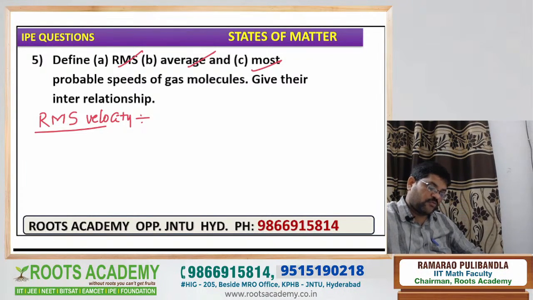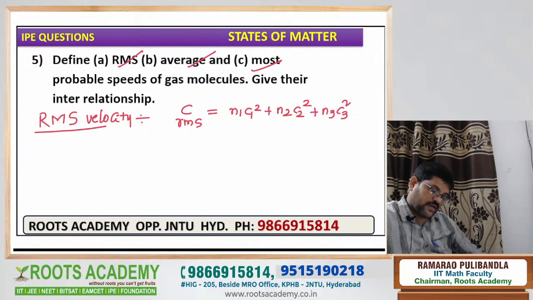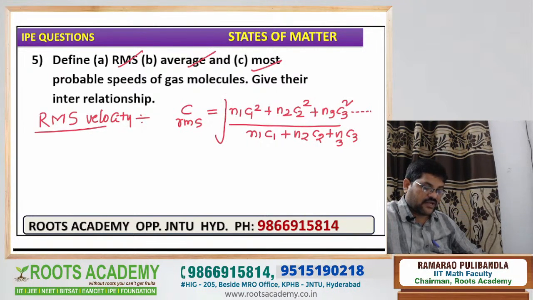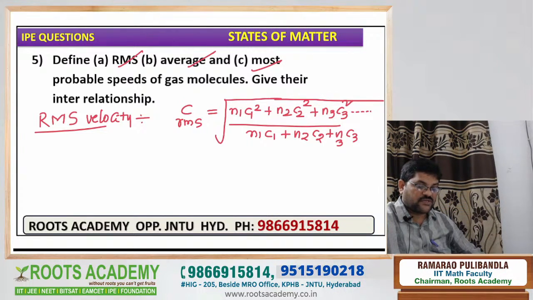Therefore, C RMS equals the root of N1 C1 square plus N2 C2 square plus N3 C3 square and so on, divided by N1 plus N2 plus N3, the whole under a root. That is called root mean square velocity.